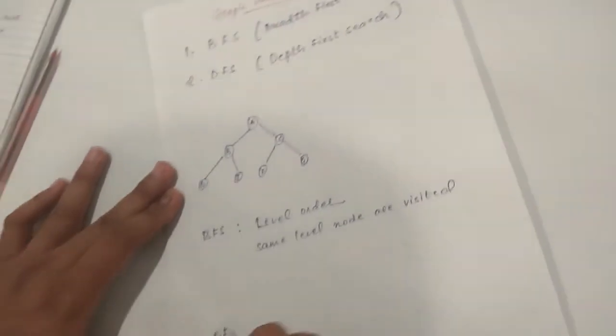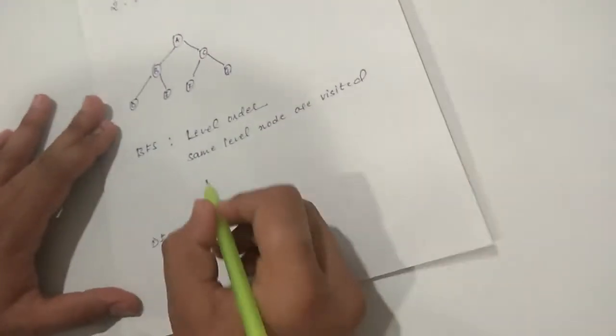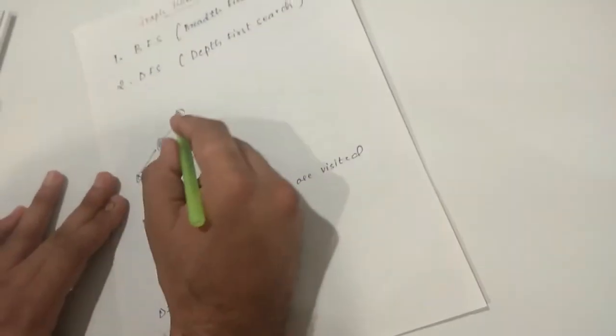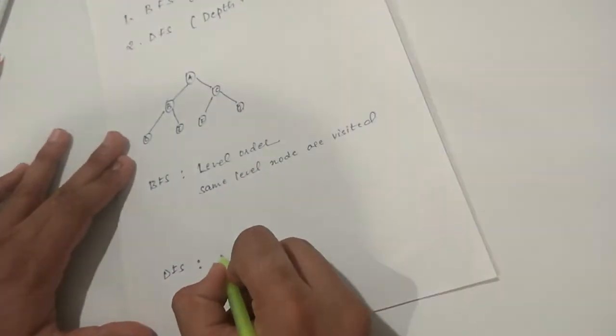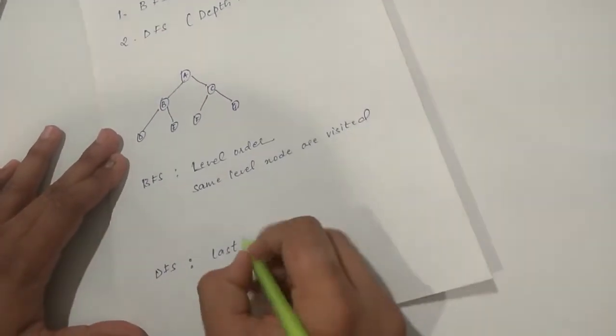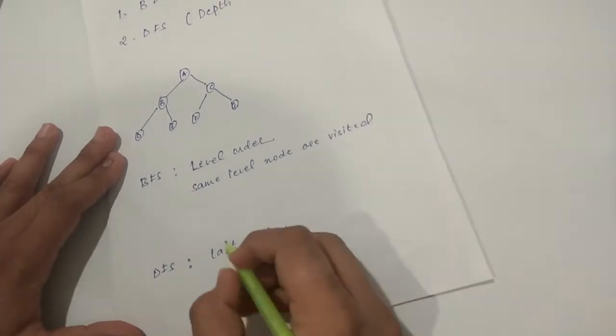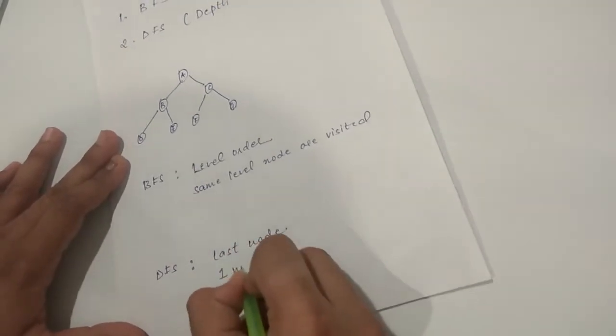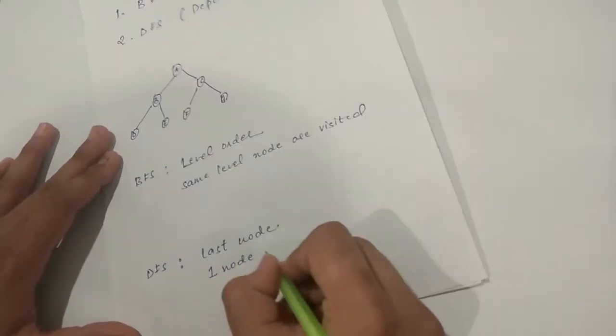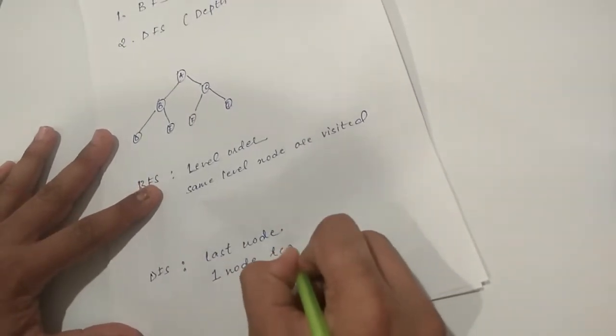Whereas inside your DFS, starting from root node, it will move up till the last node, or you can say one node is being expanded up to the leaf node.